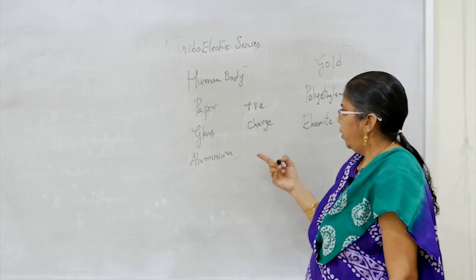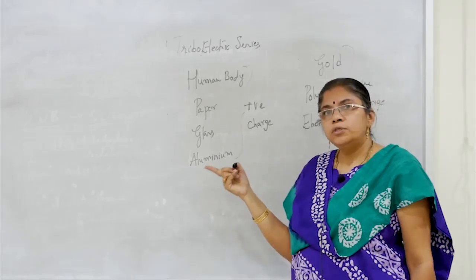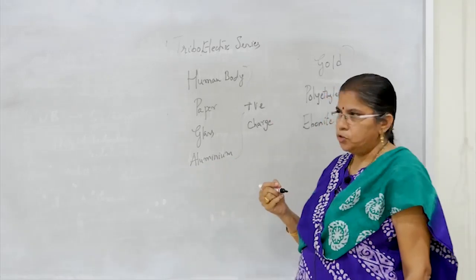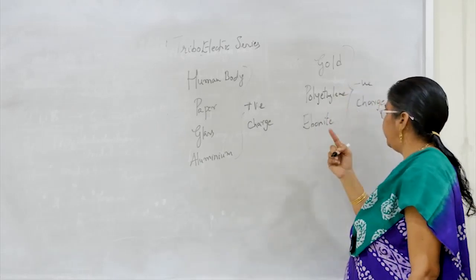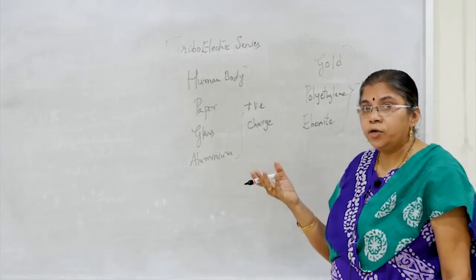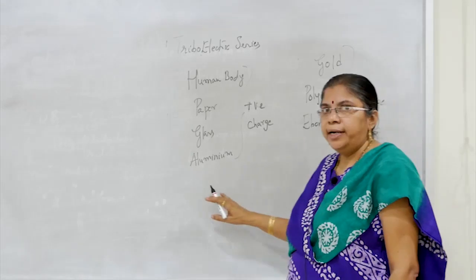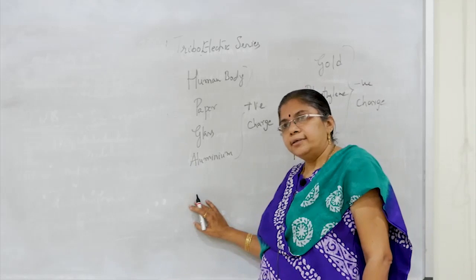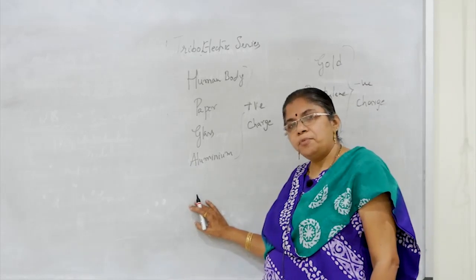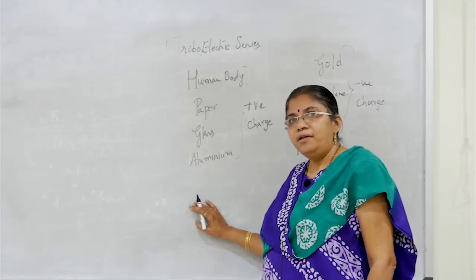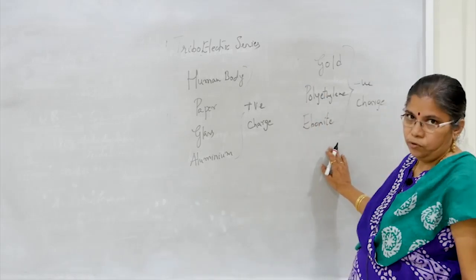So human body, paper, glass, aluminum, they will lose electrons and get positive charge, and gold, polyethylene and ebonite, they gain electrons, so they get negative charge. So depending on the materials, one which loses electrons gets positive charge and one which gains electrons gets negative charge.